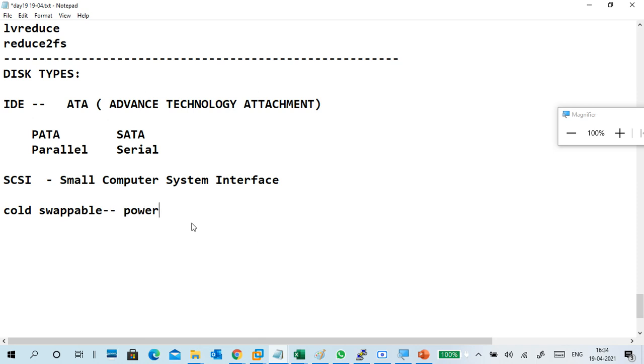You have to power off the main machine, and then only can you add or change a disk drive or any device connection. That is called a cold swap. When the machine is running, you cannot change any hardware part. You cannot connect or disconnect.